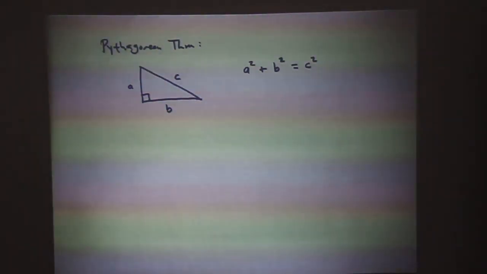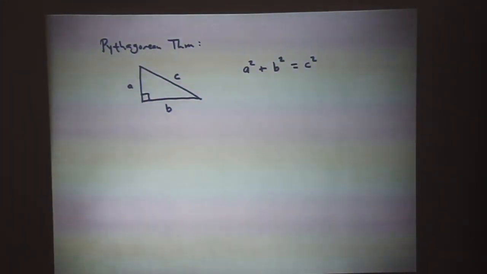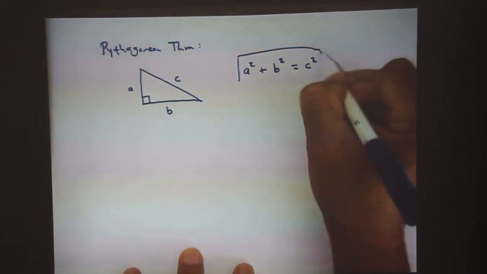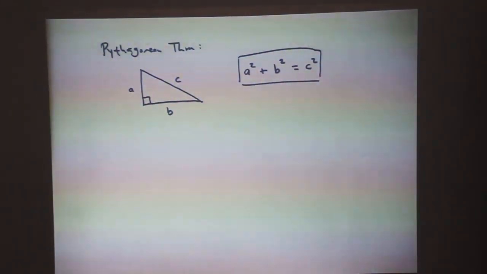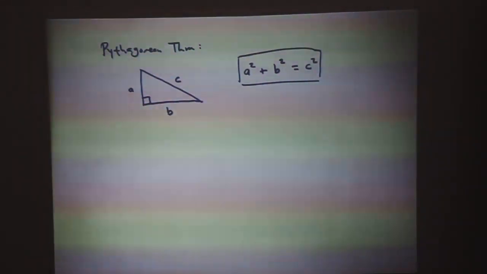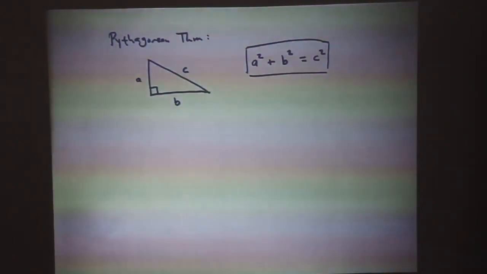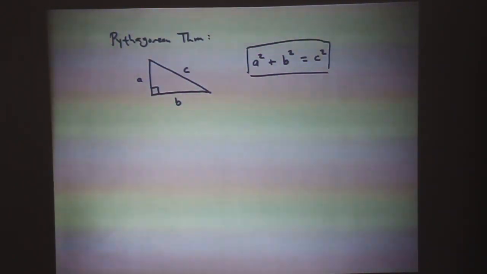Most students remember it as a squared plus b squared equals c squared, and that is basically the Pythagorean theorem. And you use that frequently in math, especially in geometry, in dealing with right triangles and finding different side lengths.